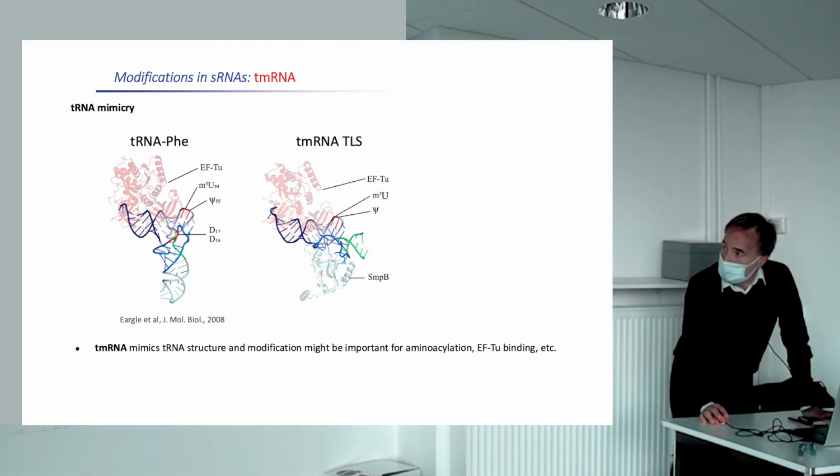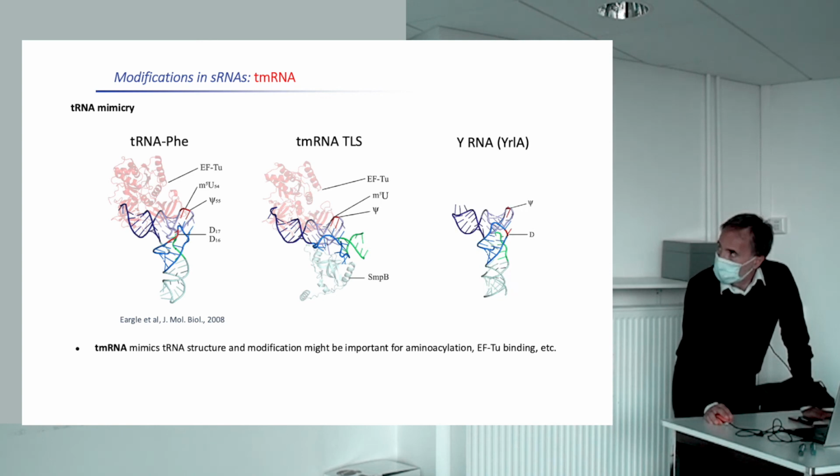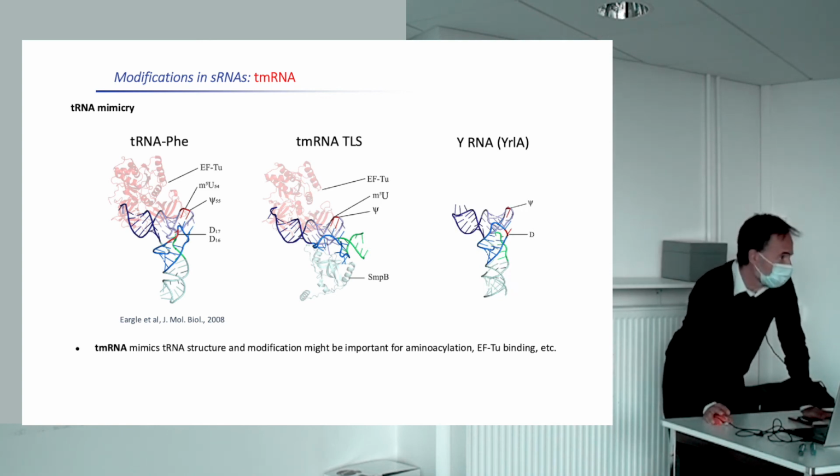Here, just to show you the similarity between an EF-Tu tRNA complex and EF-Tu tmRNA complex. With the modification here, that are the ones responsible for the recognition by EF-Tu. But there is another molecule that resembles the tRNA that is also modified and that has regulatory function.